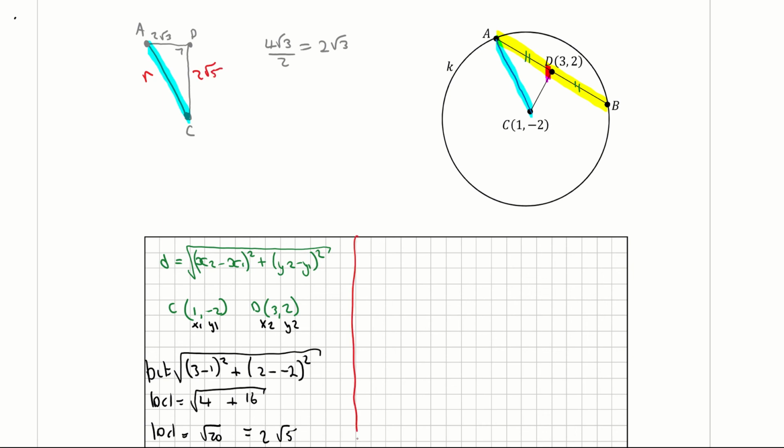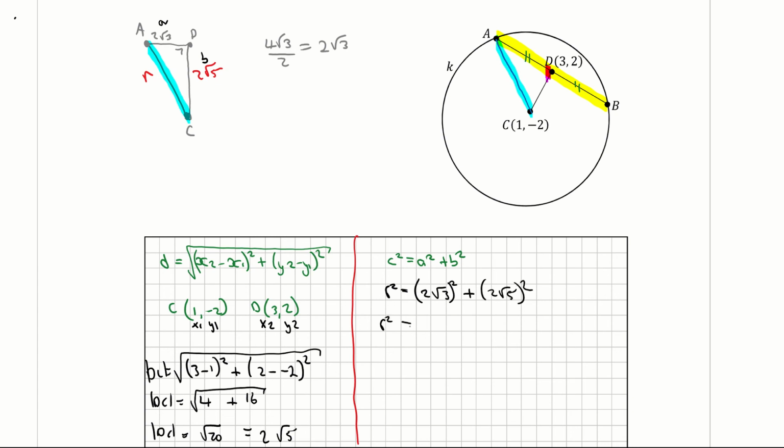Now I can actually find the length of my radius line using Pythagoras' theorem. My formula for Pythagoras is c squared is equal to a squared plus b squared. C squared must be the hypotenuse, the side across from the 90, so that's going to be my R, my radius. My A and my B are the other two sides, and it doesn't matter which is your A, which is your B. I'm calling the distance from A to D my A, so that's 2 root 3 all to be squared plus 2 root 5 all to be squared.